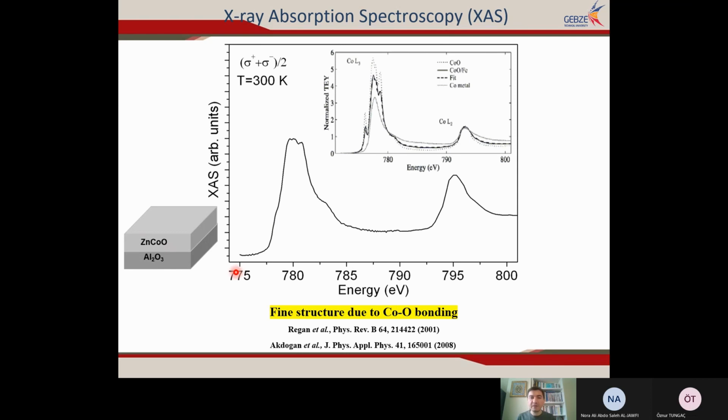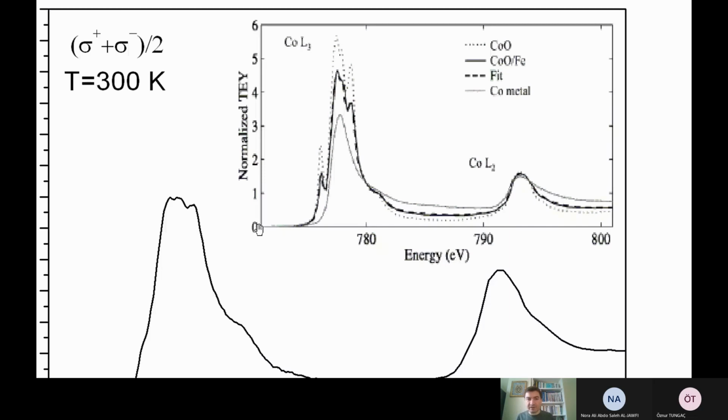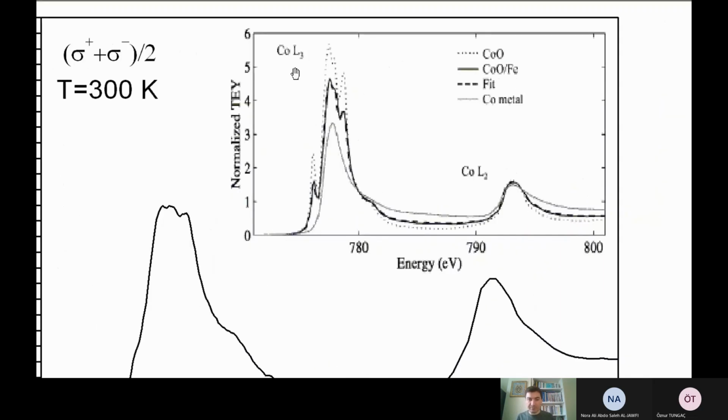So here in the inset figure, the small figure, you see different experiments. Look at this one. These experiments were carried out around the cobalt L3 and L2 energy scan, you see. But here we have different cobalt-containing materials.